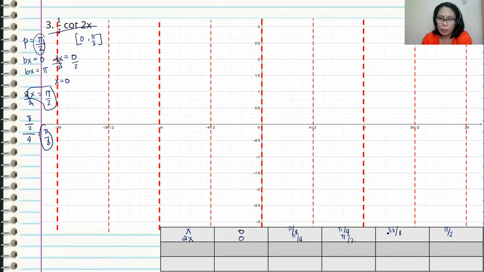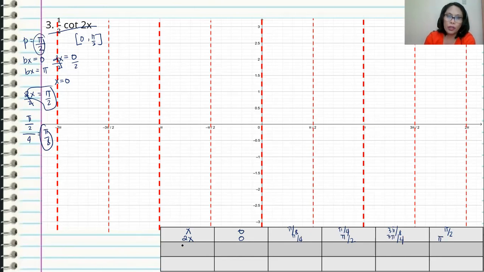And then 3 pi over 8 times 2, so this gives us 3 pi over 4. And pi over 2 times 2 gives us pi.